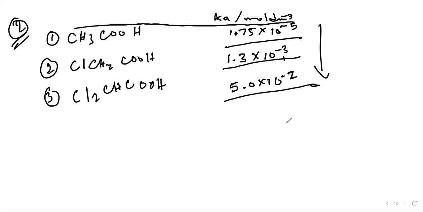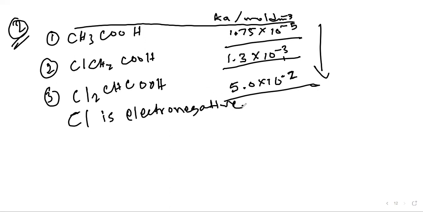Now, why is this happening? As we have learned in the previous example, chlorine is itself an electron gaining group. That means it's electronegative. Cl is electronegative. And something which is electronegative pulls electrons towards itself.